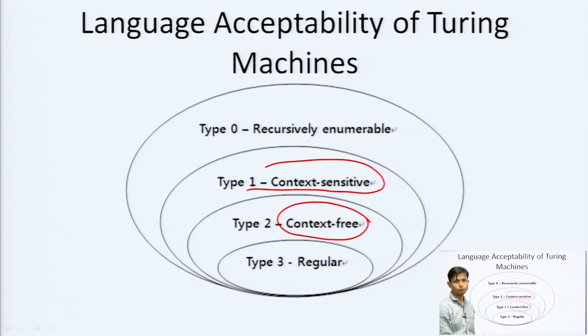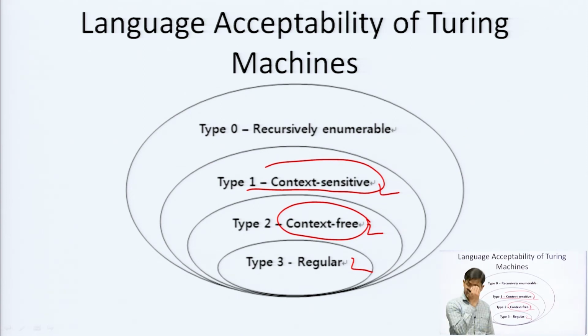If some language is not context free, we cannot have a pushdown automata. So all the languages, either regular, context free, or context sensitive, will be accepted by the Turing machine. So, the Turing machine is the higher machine.